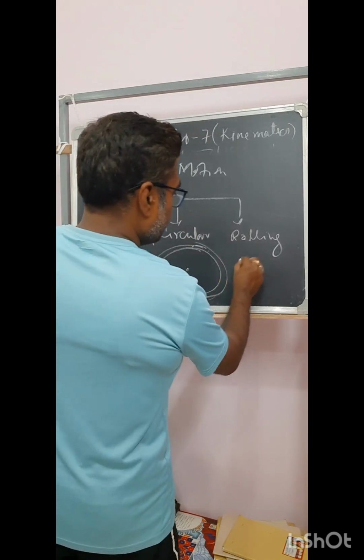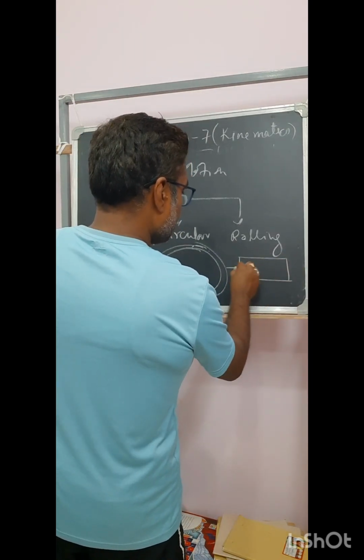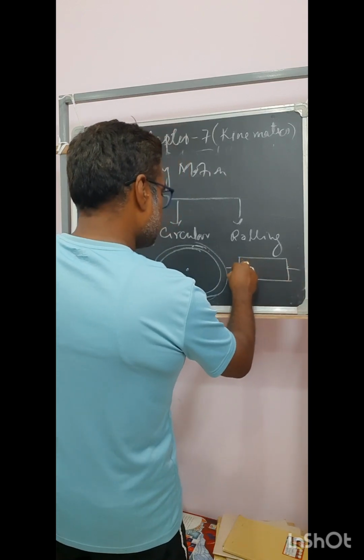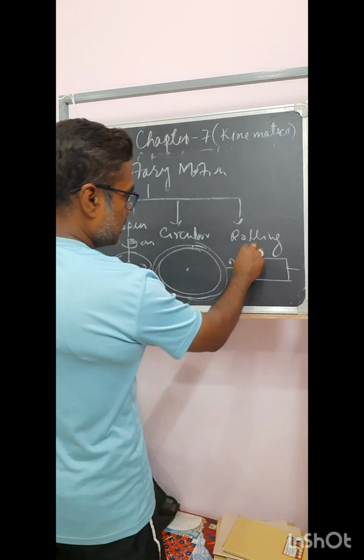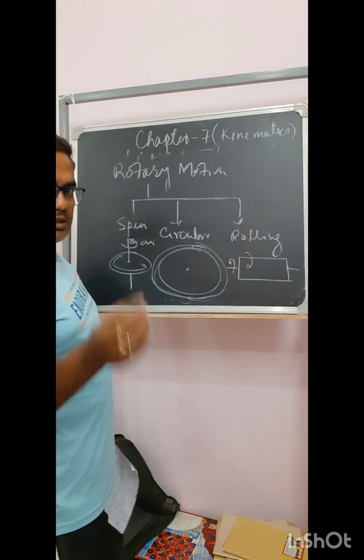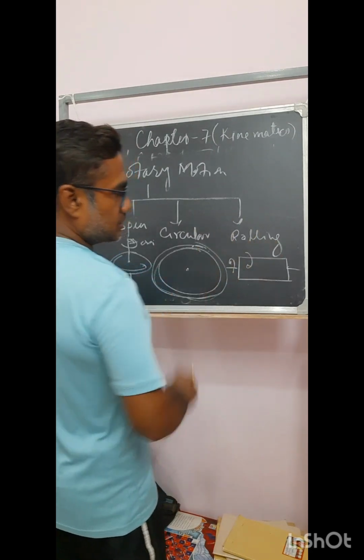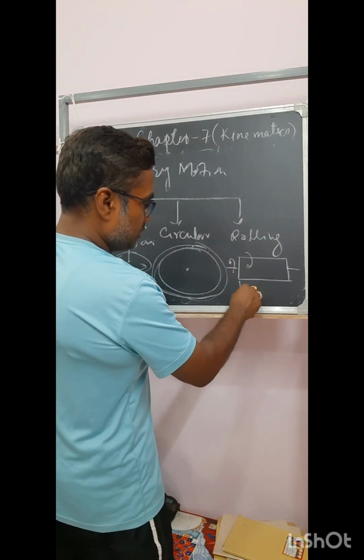Rolling means, let's say there is a road roller, on its axis it is rotating, so it is rolling on the ground. This kind of motion is rolling, which is also a kind of mixed movement, because with the rolling it will also travel some distance.